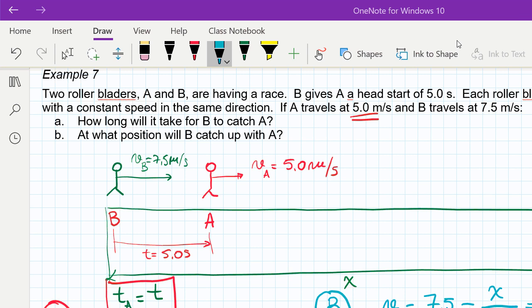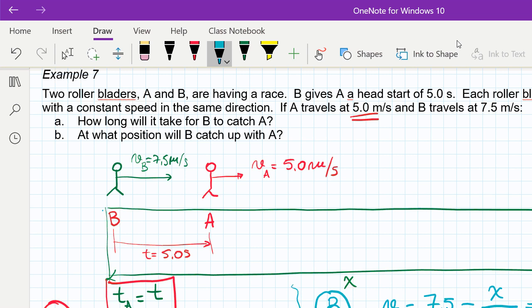Distance is x because they start at the same point and they meet at the same point. And time is t. You can leave it as tA, but just for simplicity, we assigned it as t. From here, we find that x is equal to 5 times t.